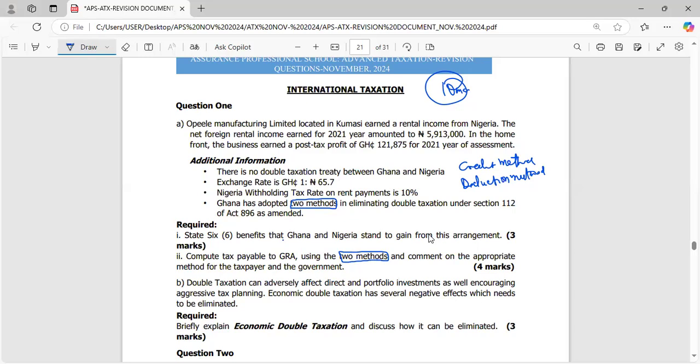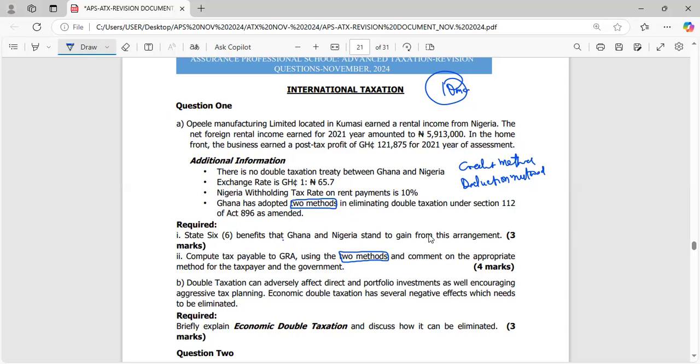If investors know that the country I'm coming from has a double taxation agreement with Ghana, they'll be willing to come and invest in Ghana, because any tax they pay in Ghana, in their country, that tax may be given to them as a credit or as a deduction. So they'll be willing to come and invest.